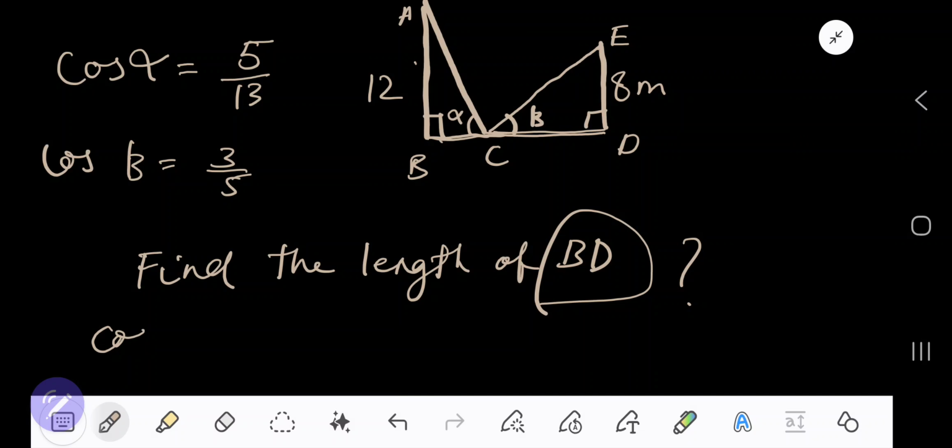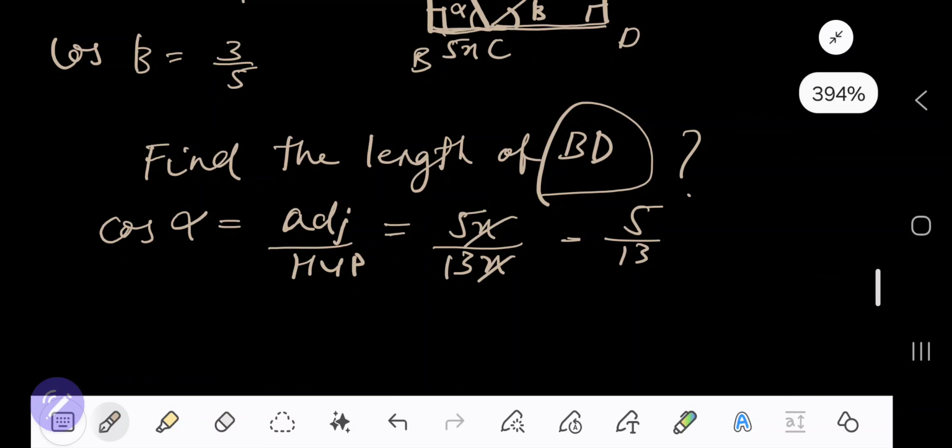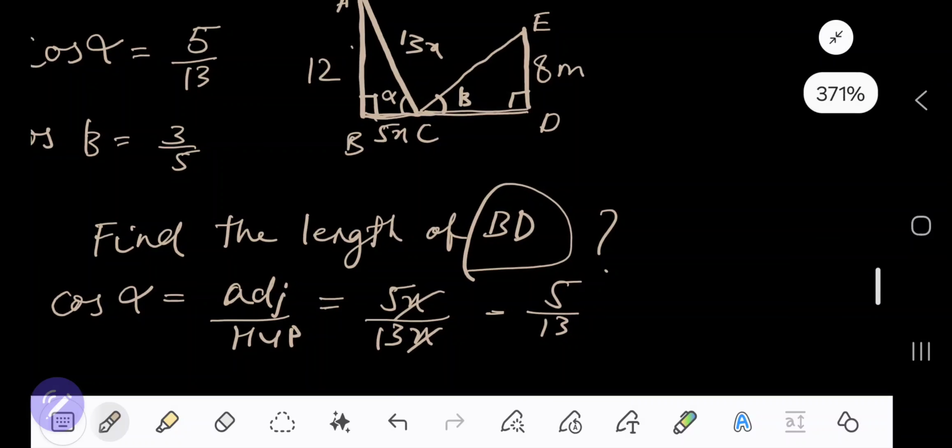So cos is equal to adjacent by hypotenuse, right? That means BC would be equal to 5x and hypotenuse, which is this side, would be equal to 13x. Because adjacent by hypotenuse, we have 5 over 13. Cos alpha is 5 over 13. So we've got this side and this side. The x cancels out, so we don't need them anyways.